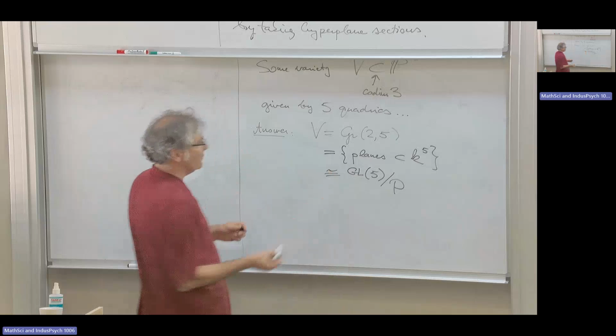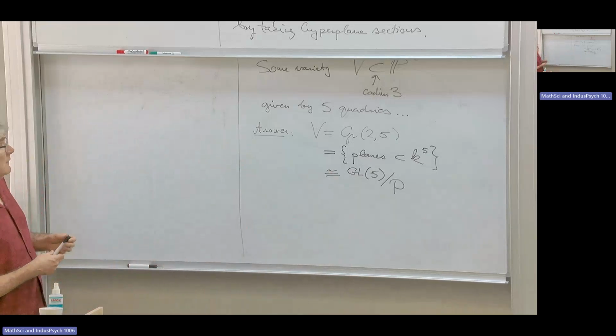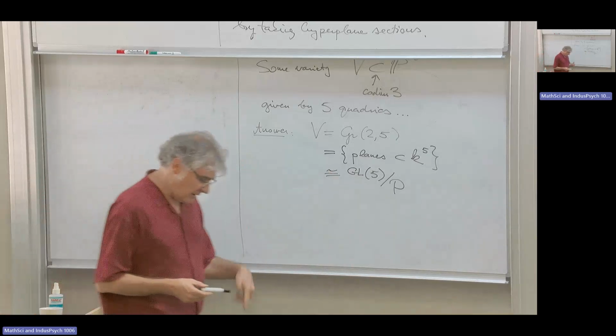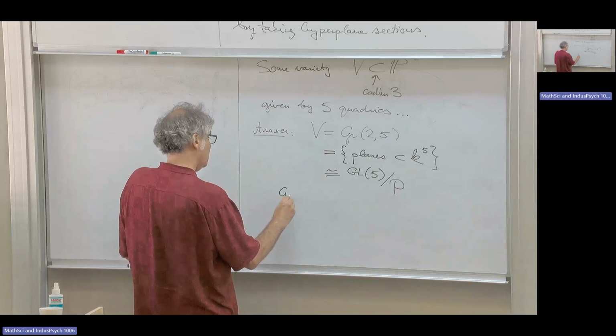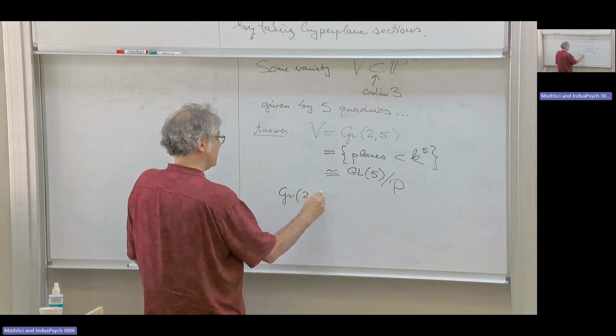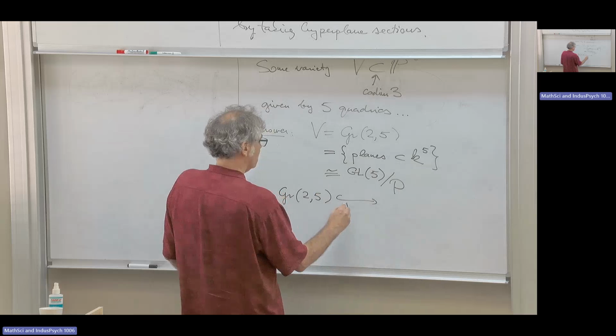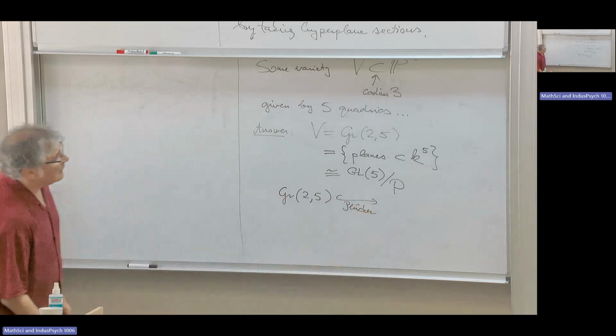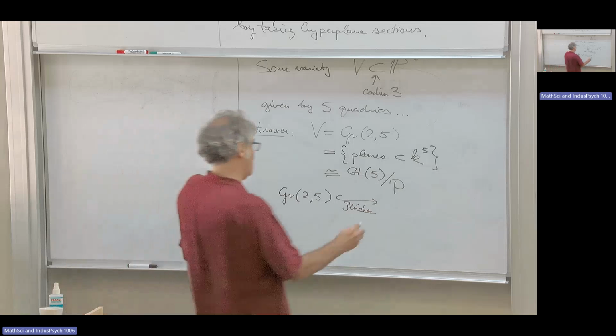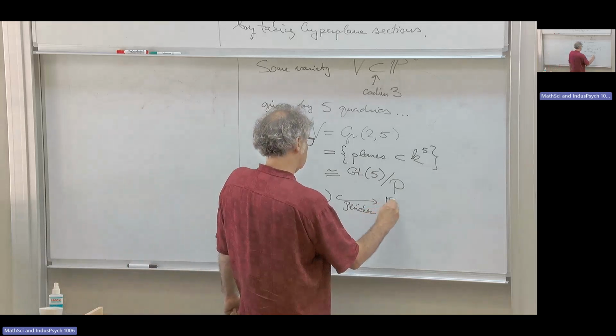Anyway, there are also descriptions. You open some book on algebraic geometry, and there's going to be some description. But in particular, there is an embedding called the Plücker embedding of any Grassmannian, which in this particular case maps to P9.